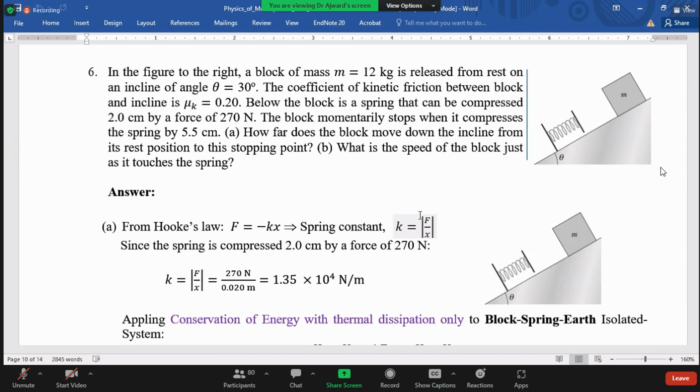Can you read the question and remind yourself? If you have a piece of paper, draw some sketch, and you can open your tutorials also if you have them with you. Right. Tutorial 5, question number 6.